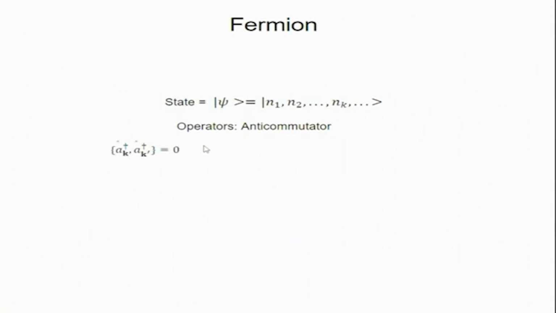Okay. So, as I said, the anti-commutator of A_K and A_K' is 0, not the commutator, and same with creation operators, but the anti-commutator of A_K and A_K' dagger is not 0, it is in fact a delta function.